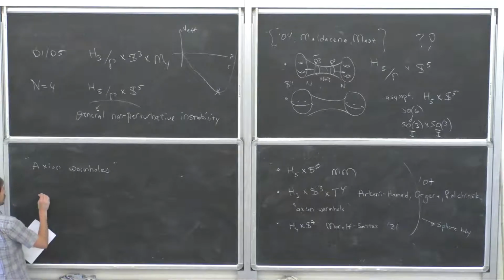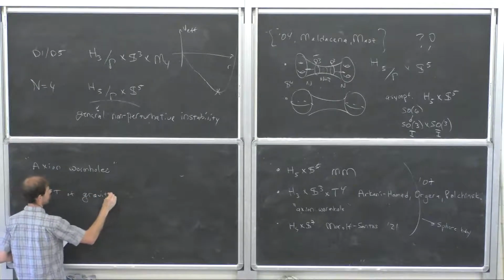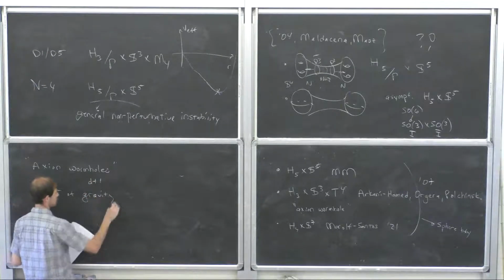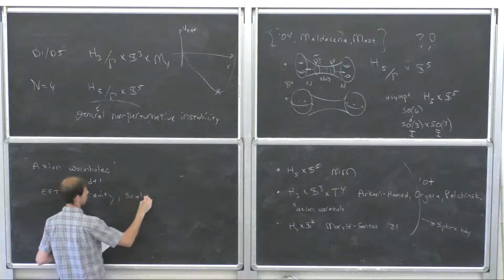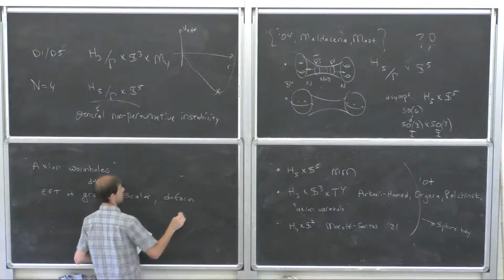So consider a simple effective theory of gravity, where you have gravity in d+1 dimensions, say a scalar, and a d-form field strength.